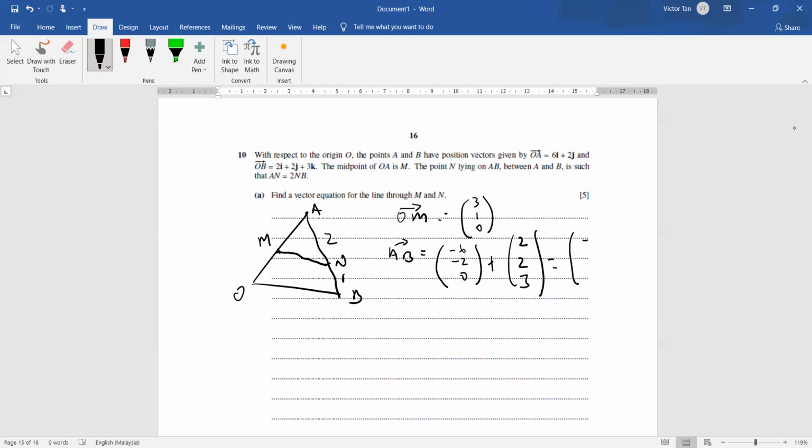So this is (-4, 0, 3). Okay, so ON is equal to OA, sorry, ON.